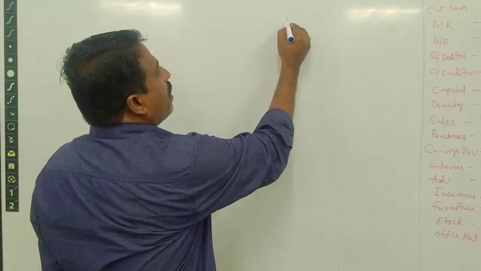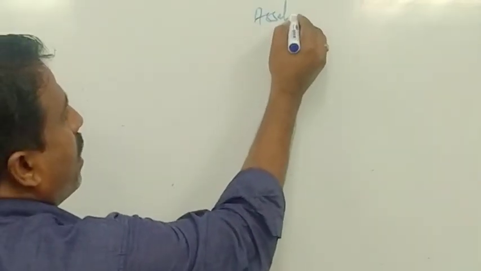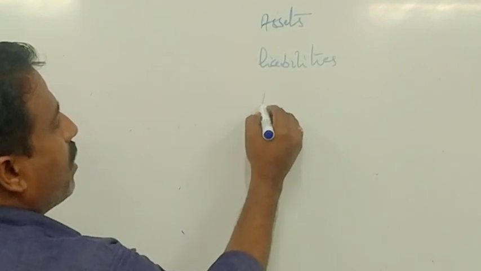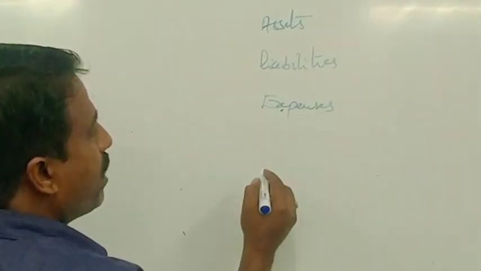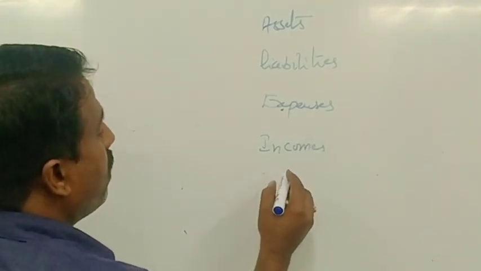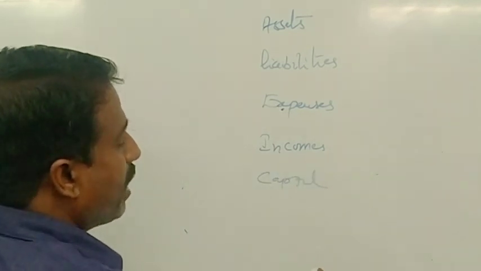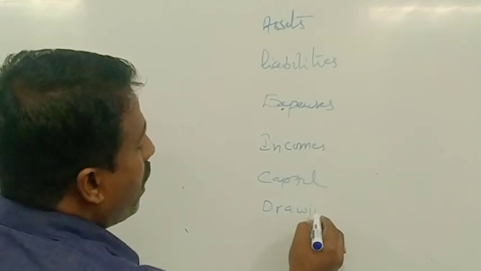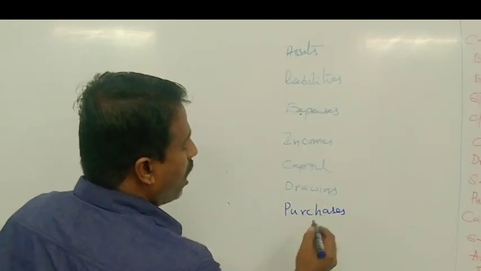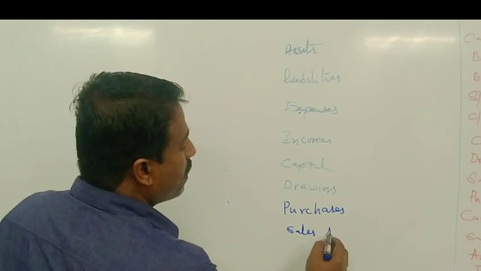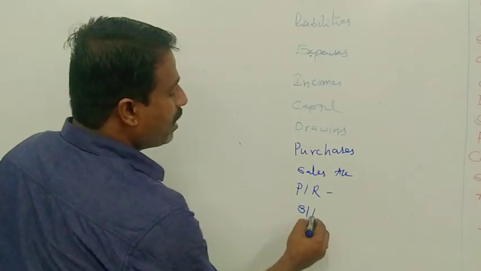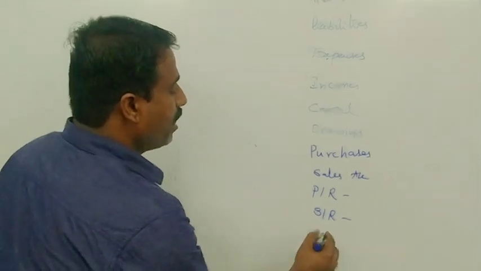For example, you may find some asset balances, liabilities, expenses account balances, income account balances, and sometimes the capital balance, the drawings account balance, the purchases balances, the sales account balances, the purchase returns account balances, and the sales returns account balances. So these are all.